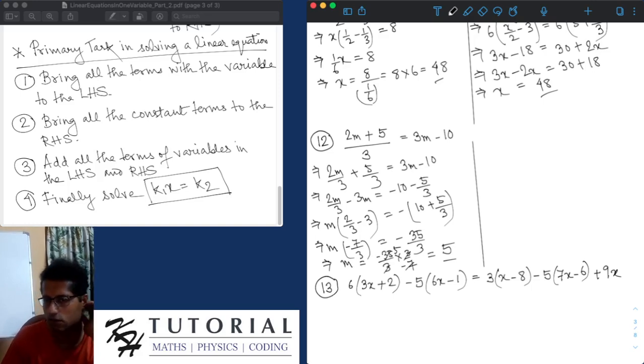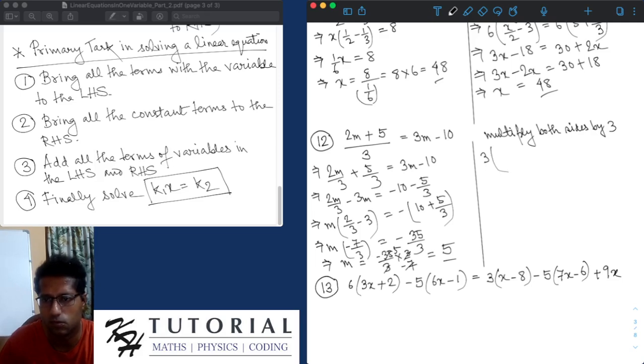Since the only rational term we can see is 2m plus 5 by 3 and it has a denominator 3, we will multiply both sides by 3.